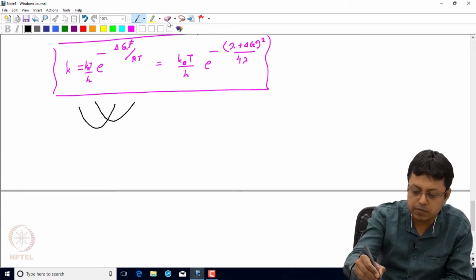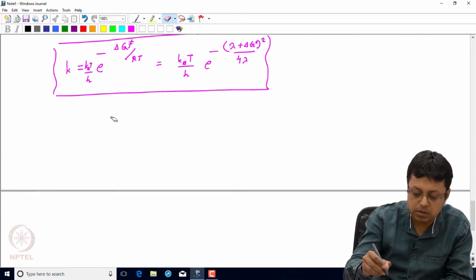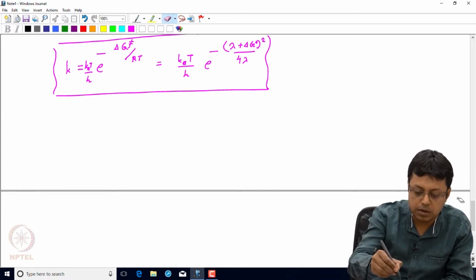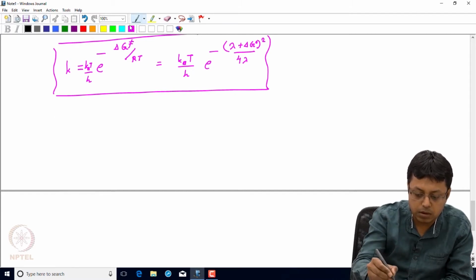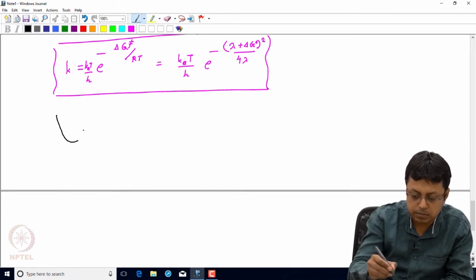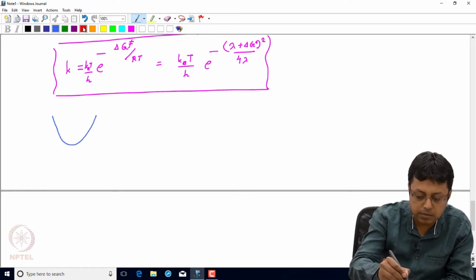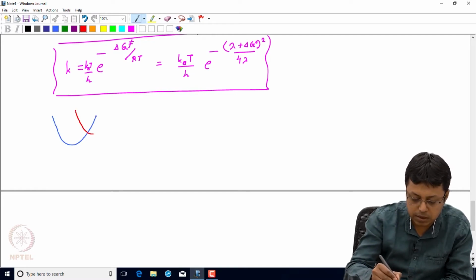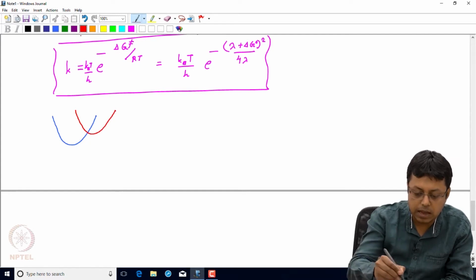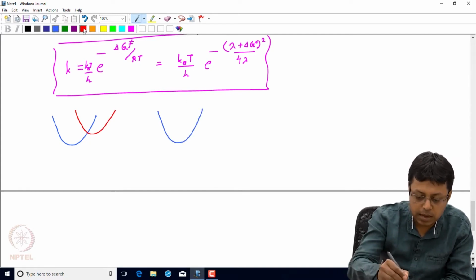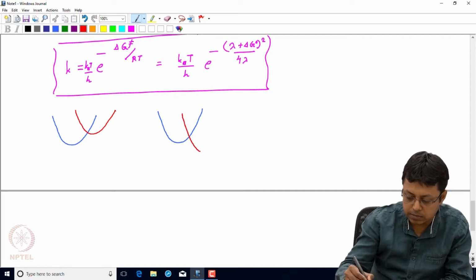So situation number 1 is I have a donor parabola like this, and then I have an acceptor parabola which is situated like this, and then another situation where I have the donor like this and the acceptor is like this.